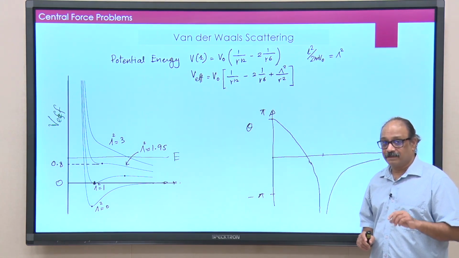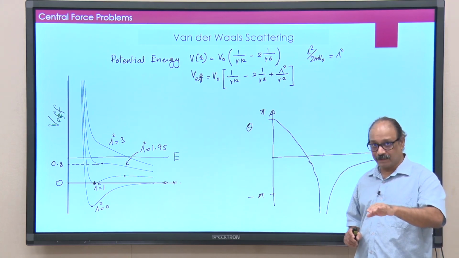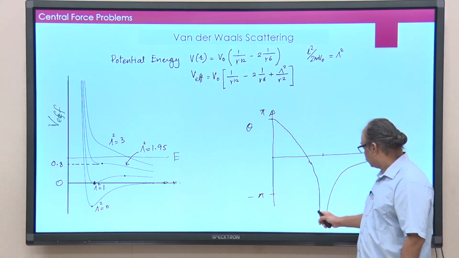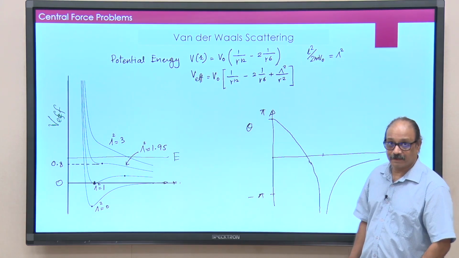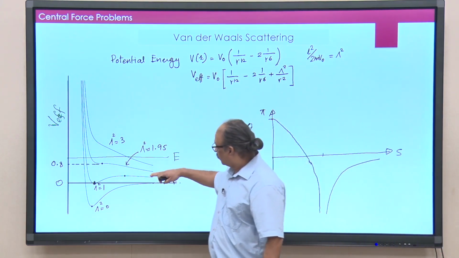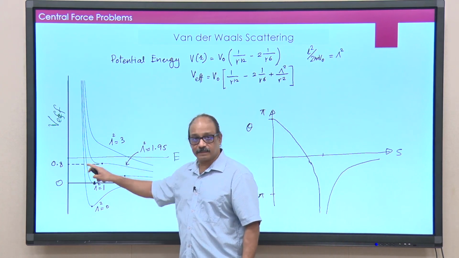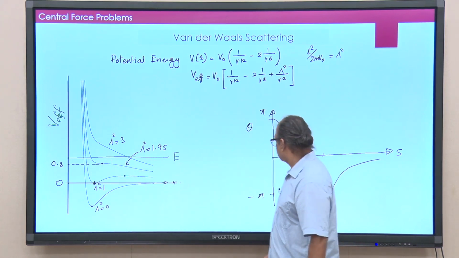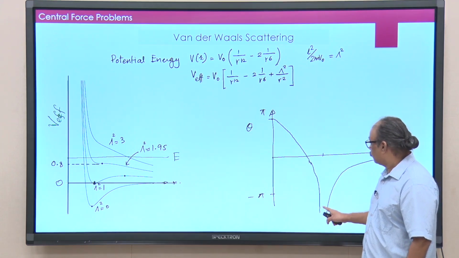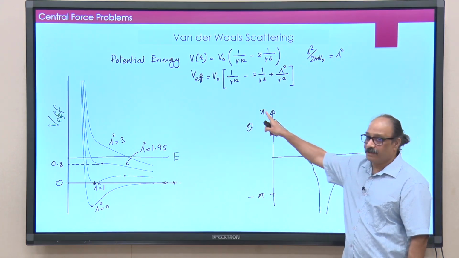Remember, in that case the particle went and crashed into the origin, but not here. This will get scattered. So, eventually the energies which are above this maximum also get scattered, and that scattering angle will now start increasing.